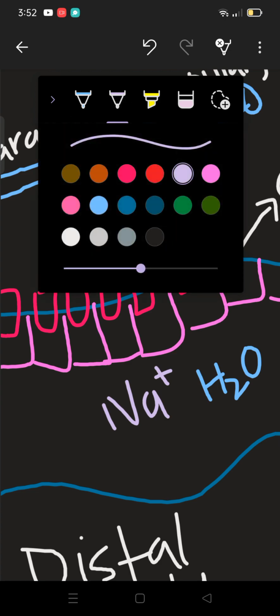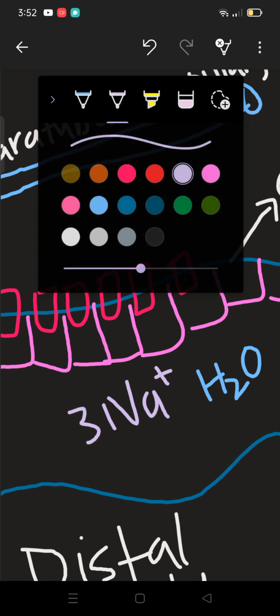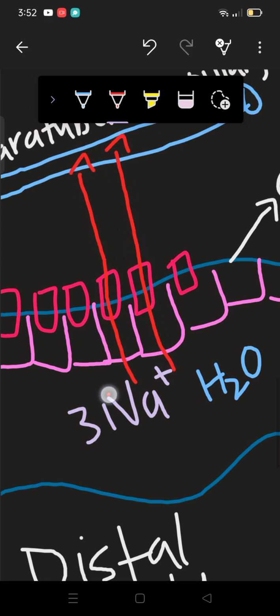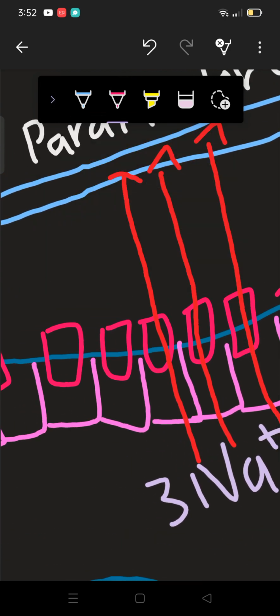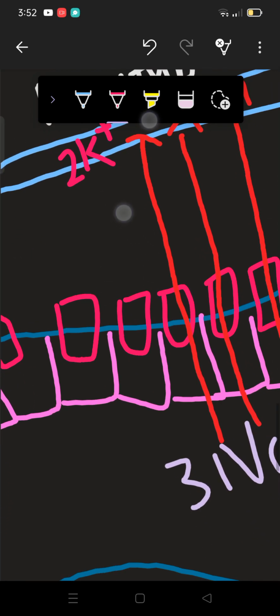So as there are so many sodium potassium pumps in the cells of DCT, there would be so much absorption of sodium ions, and 2 potassium ions would be secreted.